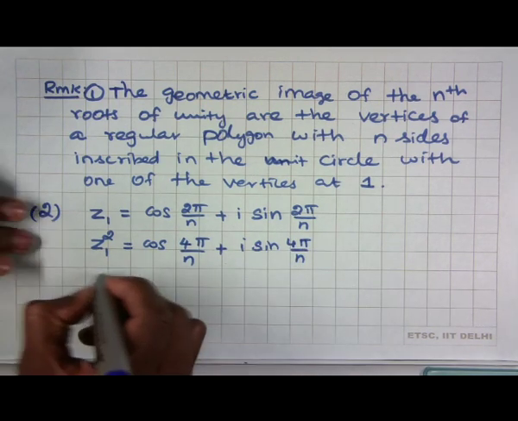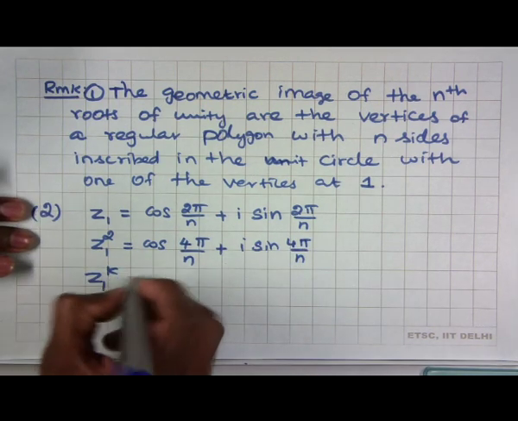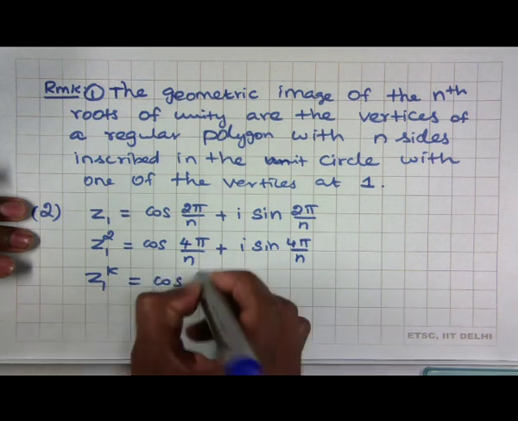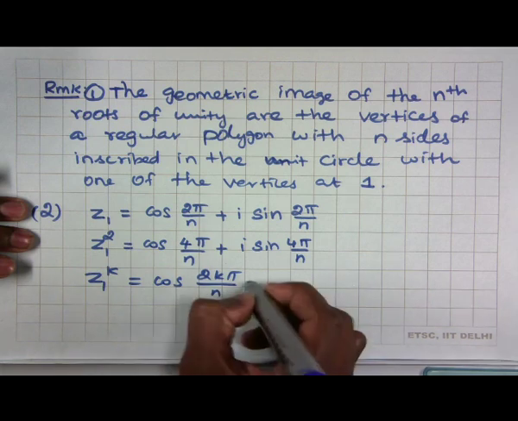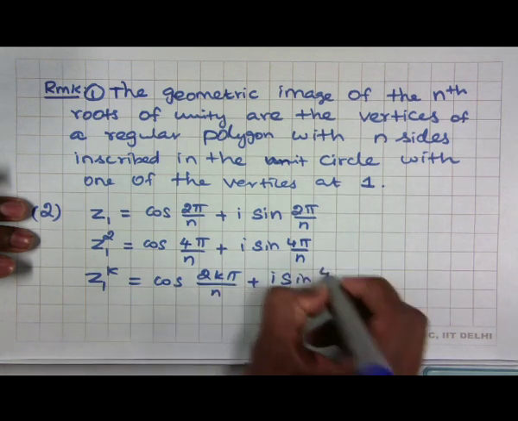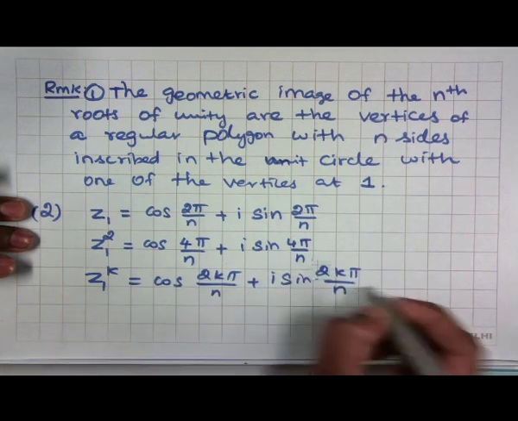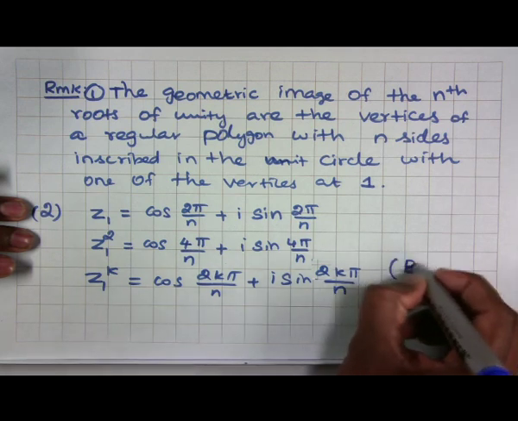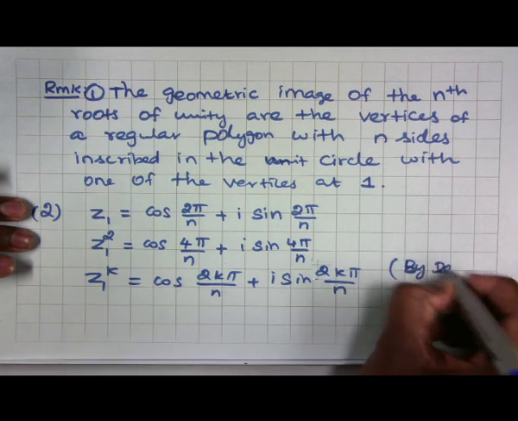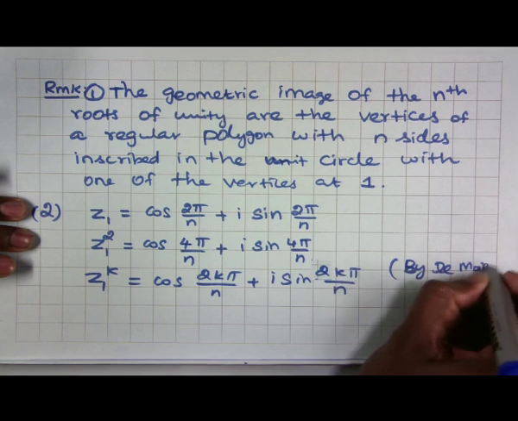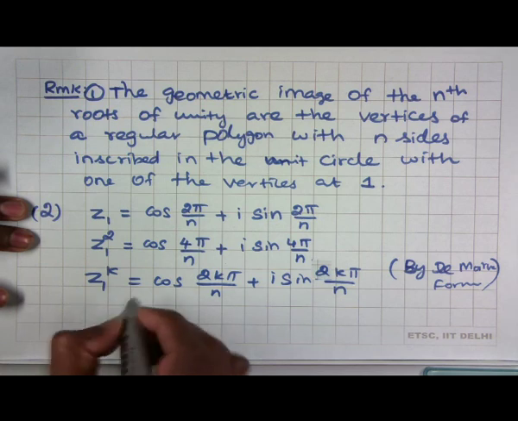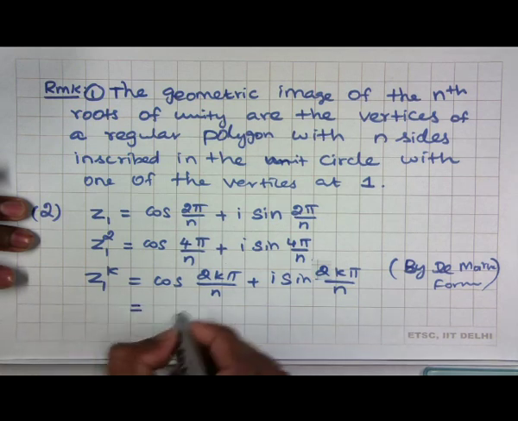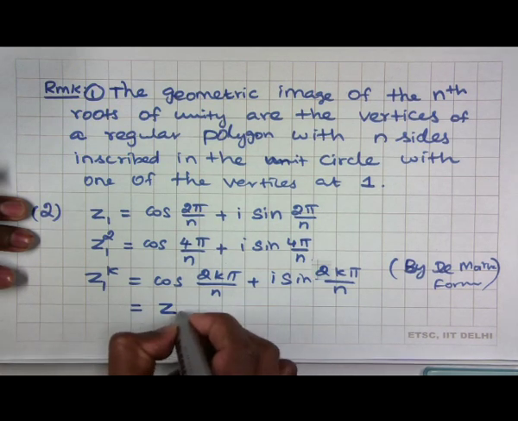or in general, if I take the kth power, then we get cos 2k pi by n plus i sin 2k pi by n, just by De Moivre's formula. Just recall what this is. This is nothing but your zk.